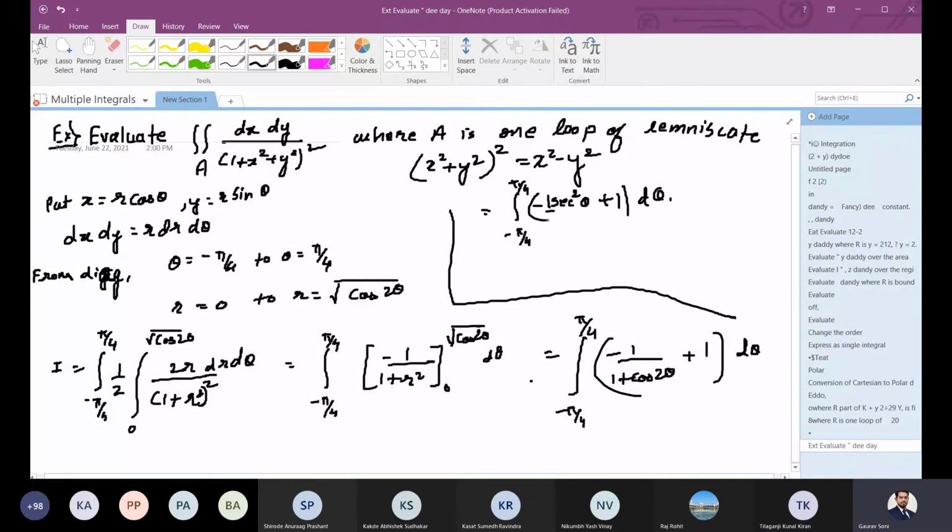So the integration is minus 1 by 2 tan theta plus theta. Limits from minus pi by 4 to plus pi by 4.